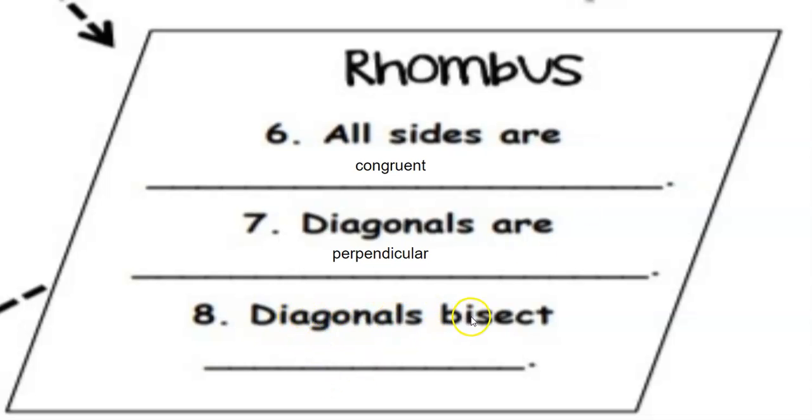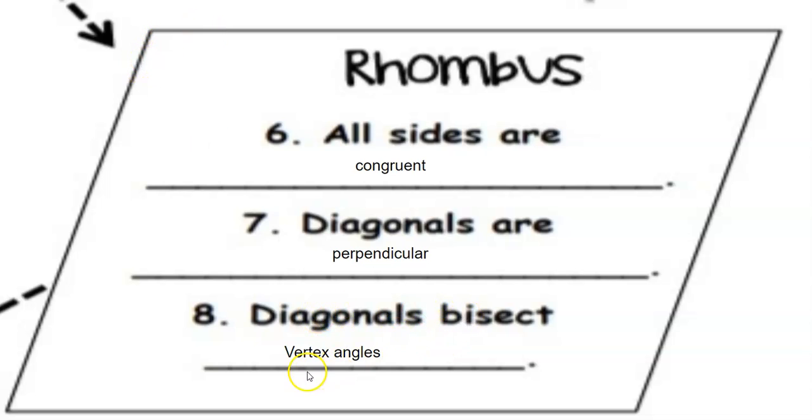And the diagonals bisect, this is a special property, what we call the vertex angles, which means that where the diagonals hit the corners of the rhombus, and you'll notice this big shape is a rhombus, a diagonal coming into the corner would cut that corner into 2 congruent smaller angles.